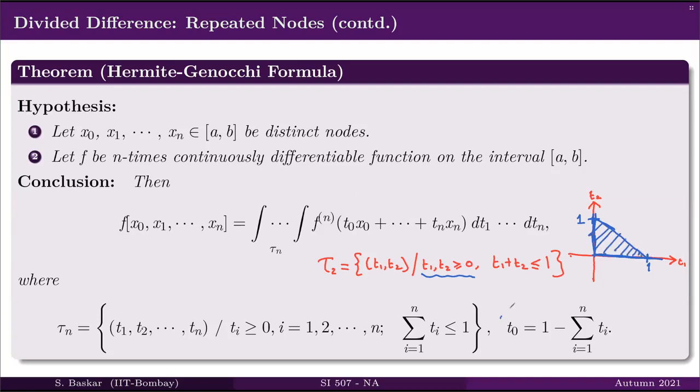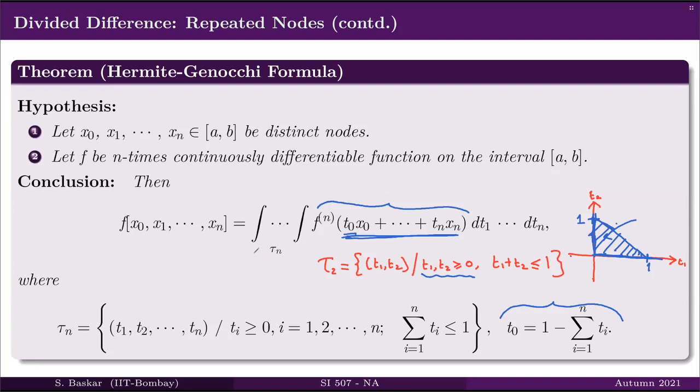And not only that, you also have one extra condition that t0 is given by 1 minus the sum from i equal to 1 to n of ti. So you are going to integrate the nth order derivative of f evaluated at this point, and then you take the integral over this set, if it is R2, and similarly for higher dimensions, the set goes in a similar way.